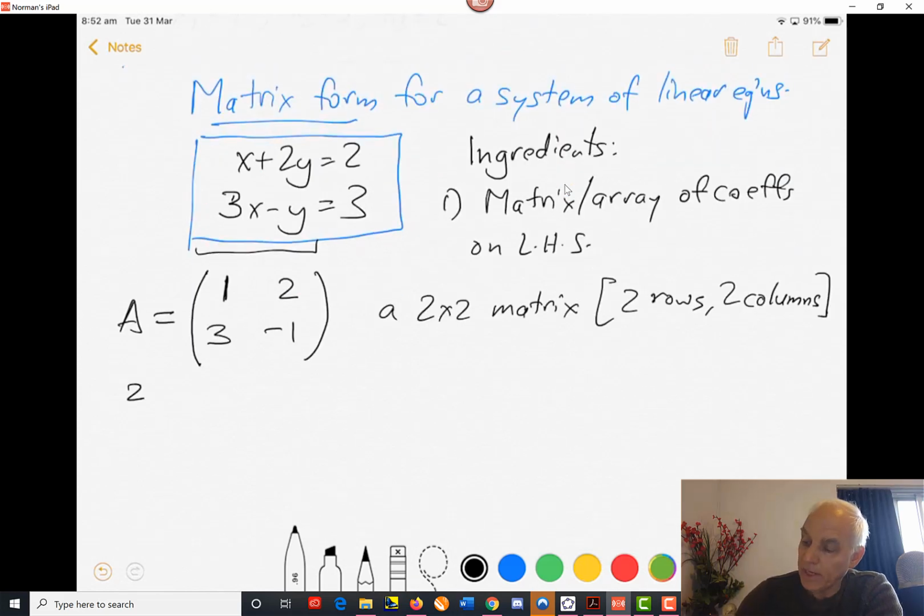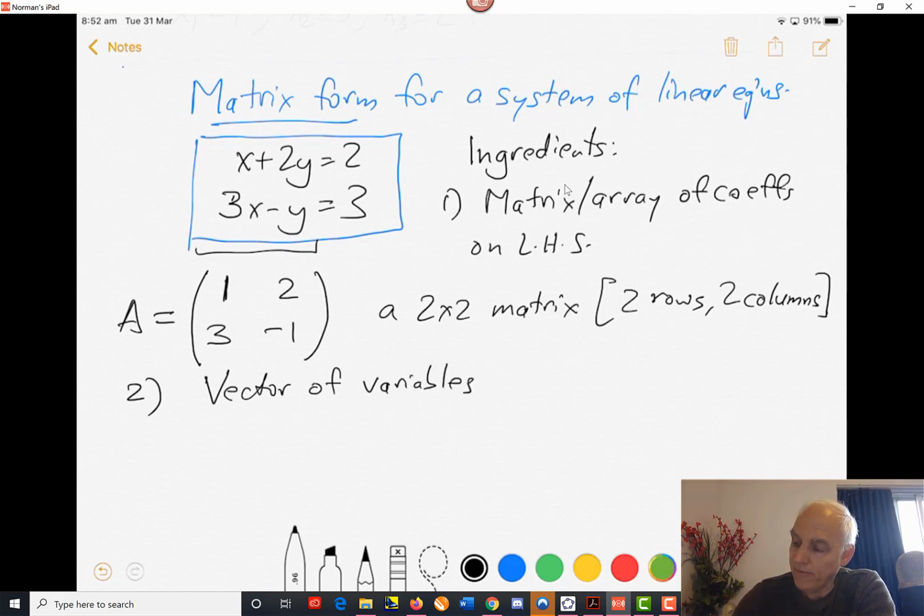The second ingredient is the list or vector of the actual variables that are involved in the system. Okay, so a vector of variables. And what are the variables? The variables are x and y. We're going to organize them in a column, make them into a vector, and then we could give that vector a name.